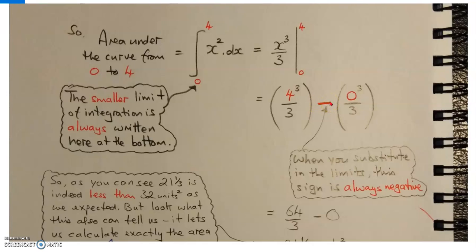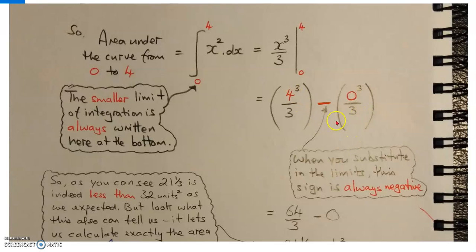Now we put the 0 in place of the x cubed. I've written it there, and of course 0 cubed is going to make all of that 0, but I've written it in just to show you what we do with the two limits. We put the upper limit in place of x, and we take away the lower limit in place of x, and we work it out.